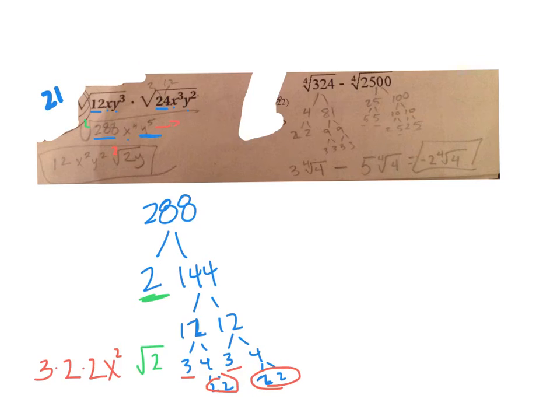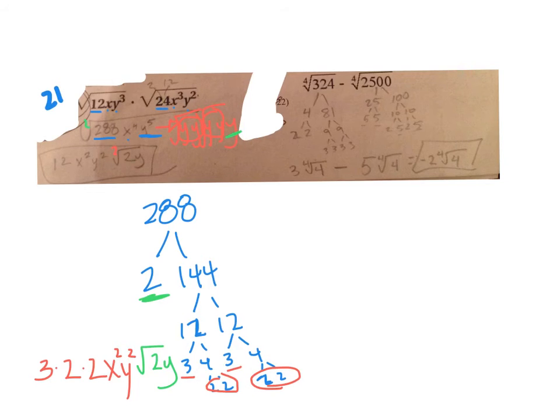Remember, y to the fifth is like having 5 y's. So if you forget the division rule, you're just looking for pairs again. So you have y squared on the outside because you have 2 pairs, and the square root of each of these pairs is 1y. This guy does not have a partner, so he is stuck underneath.